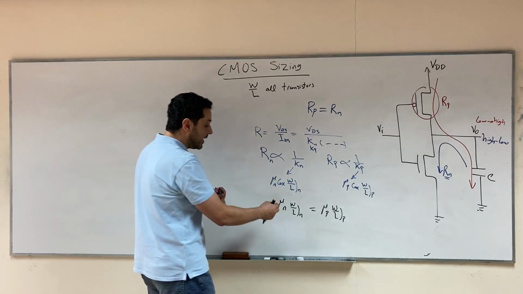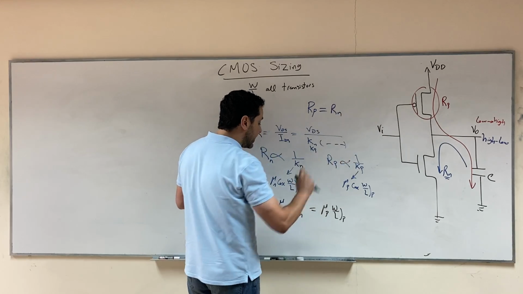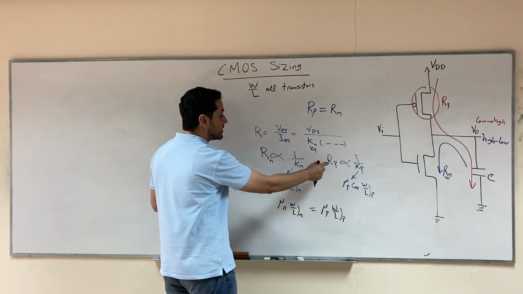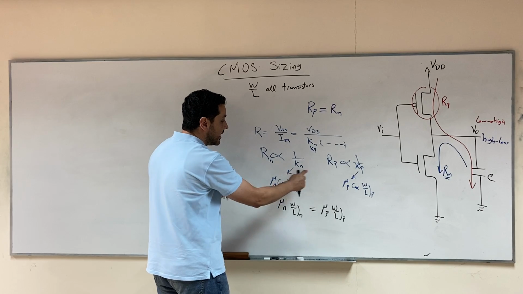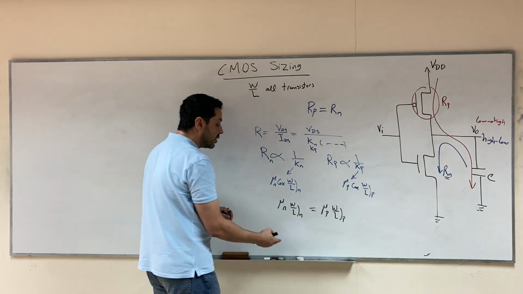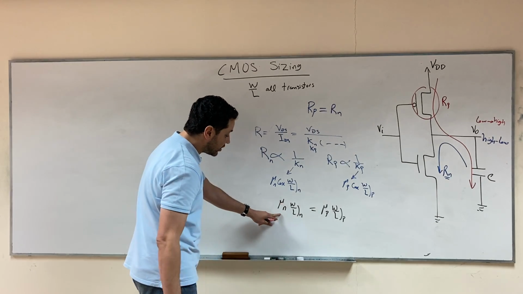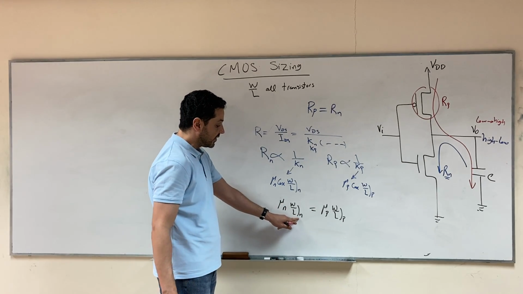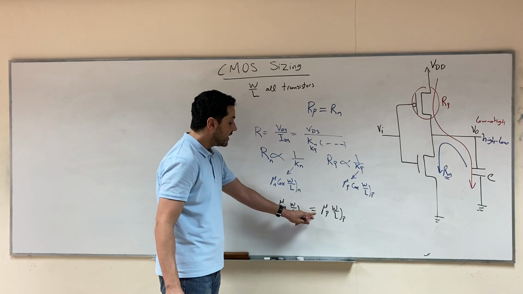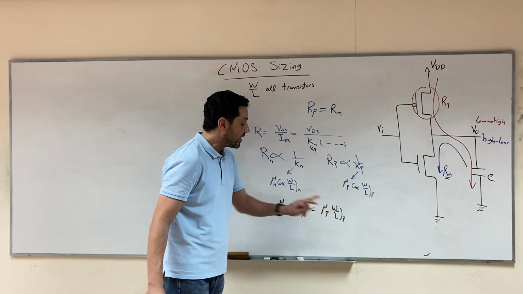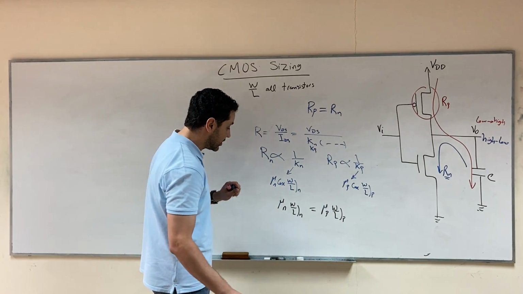So for the CMOS inverter, you need the NMOS to have the same resistance as the PMOS, which means that Kn must be designed to be equal to Kp: the mobility of the electrons multiplied by W over L of the NMOS equals the mobility of the holes multiplied by W over L of the PMOS transistor.